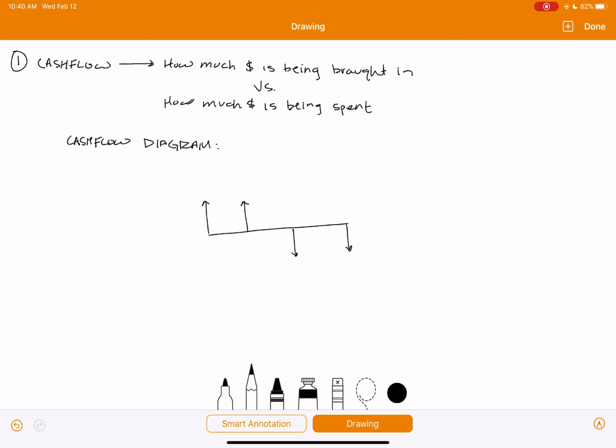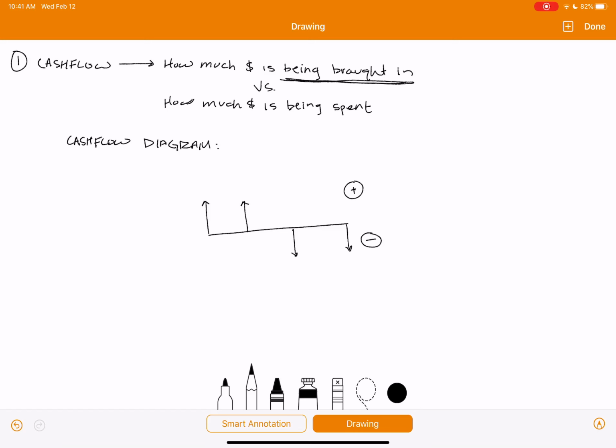And the arrows that are pointed upwards dictate positive cash flow. So that's going to be money that's being brought in or money that's being made or profit. And then arrows that are pointing down is going to be money that's being spent or being given away, but it's going to be negative.